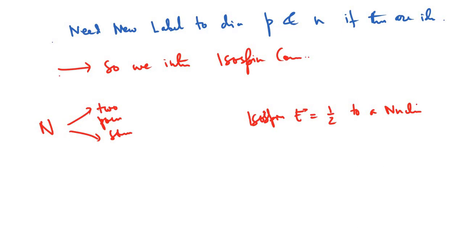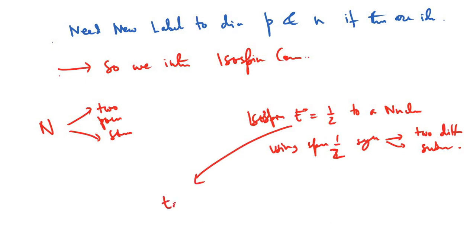Using the spin half analogy system, since they can also have two different substates. So the two nucleons are distinguished by, now if T equal to half, then what is the Z component or TZ? This is equal to only plus minus half, right, for this operator T.